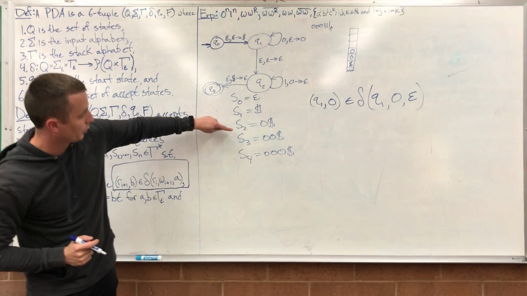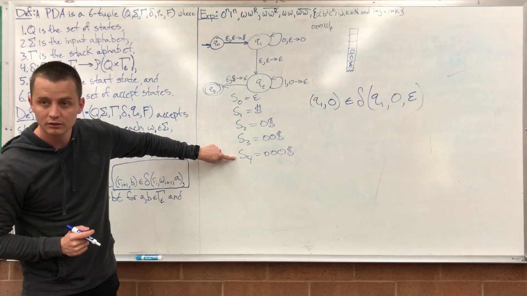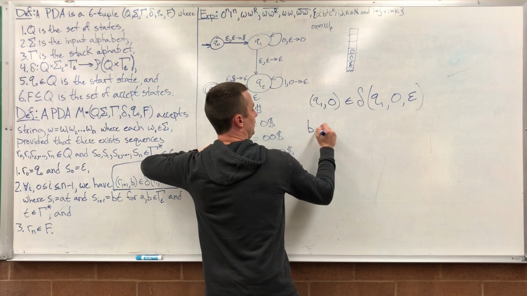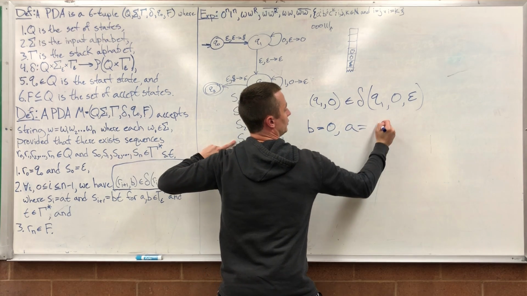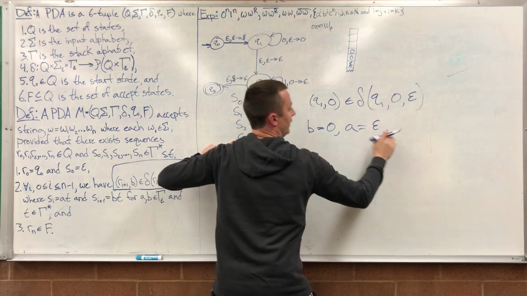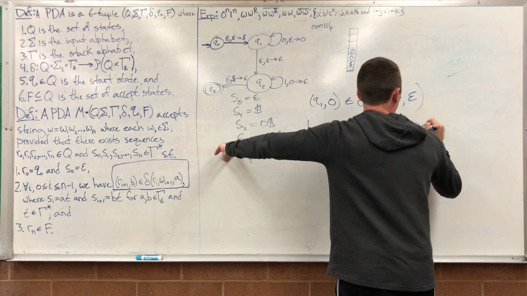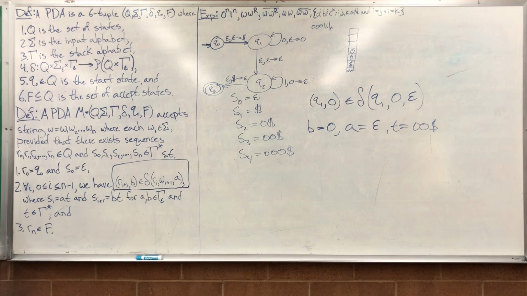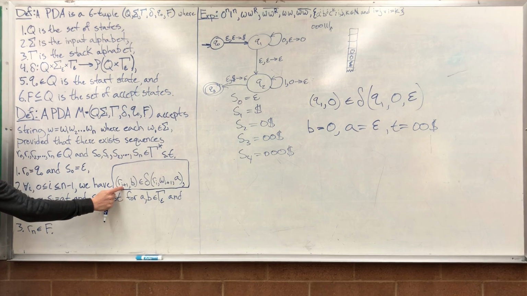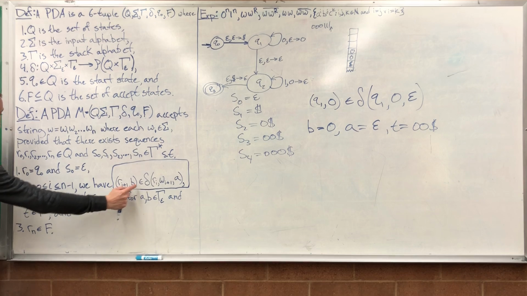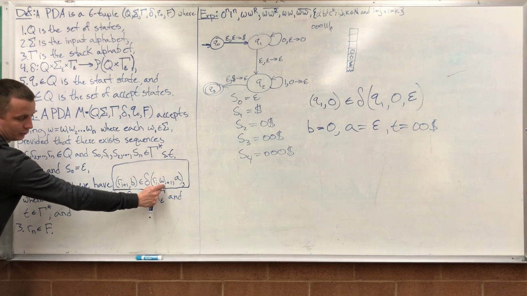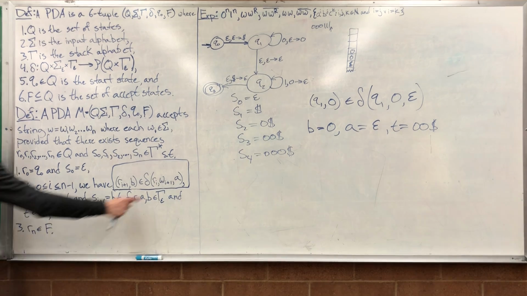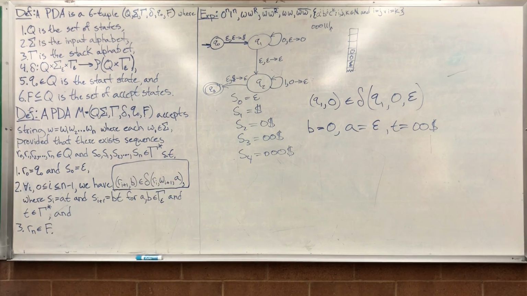So if we're going from here to here, B is equal to 0, A is equal to the empty string, and T is equal to 0, 0, $sign. So we have R sub i plus 1, and B is in the set of states we can reach from the previous state, the symbol that we're currently reading, and what you popped off the stack.